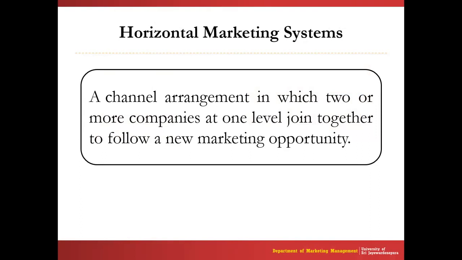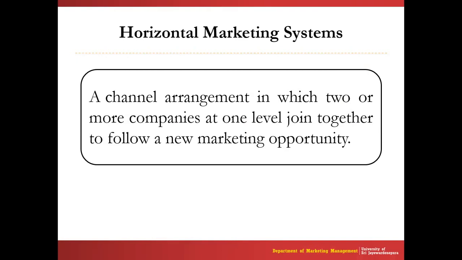So that is a horizontal marketing system. Most of the time, horizontal marketing systems can be seen in the wedding industry. If you go to a bridal dresser, he will recommend you the jewelry shop, right? He will recommend you the photographer. He will recommend you almost all the dressmakers. So that's a horizontal marketing system.